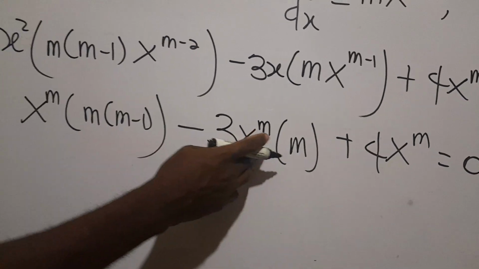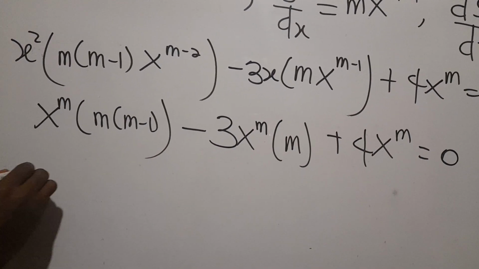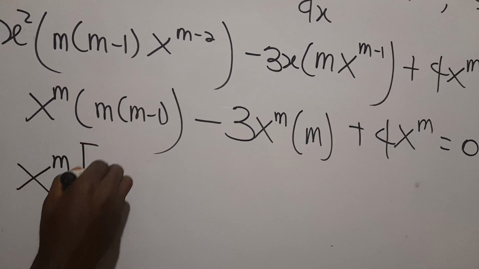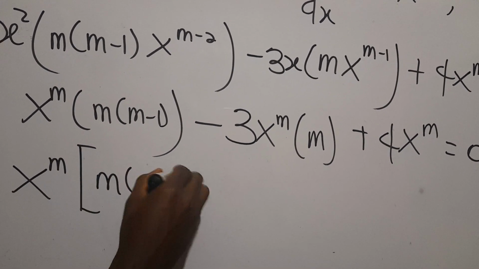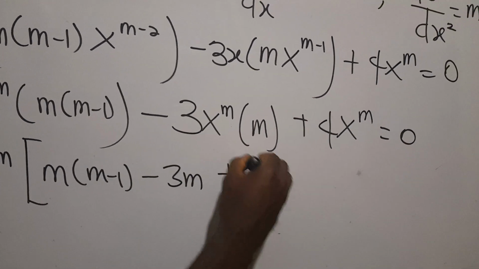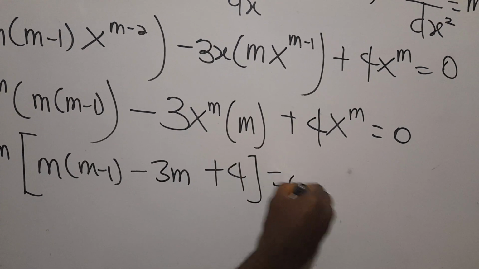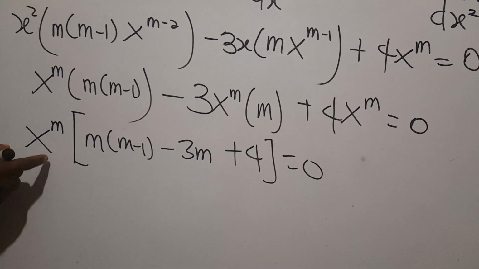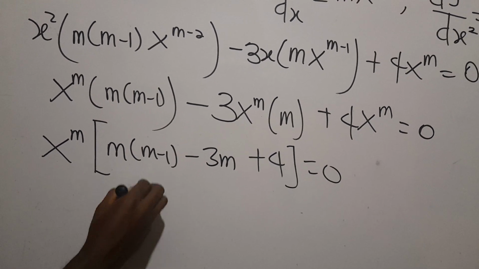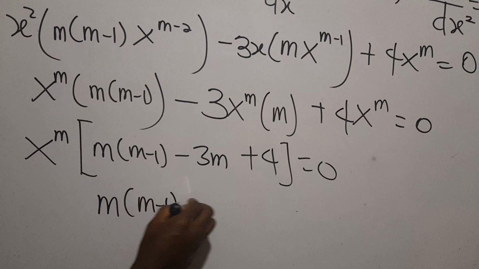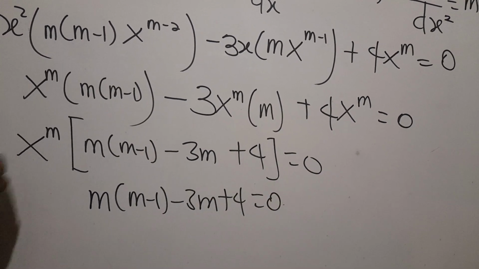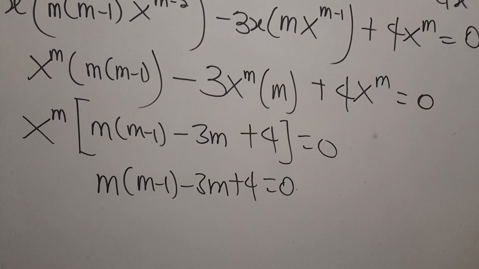You can see that x^m is common to all. We factor it out, so we have x^m times m(m minus 1) minus 3m plus 4 equal to 0. Dividing both sides by x^m, we have m(m minus 1) minus 3m plus 4 equal to 0, since 0 divided by any number is still 0.